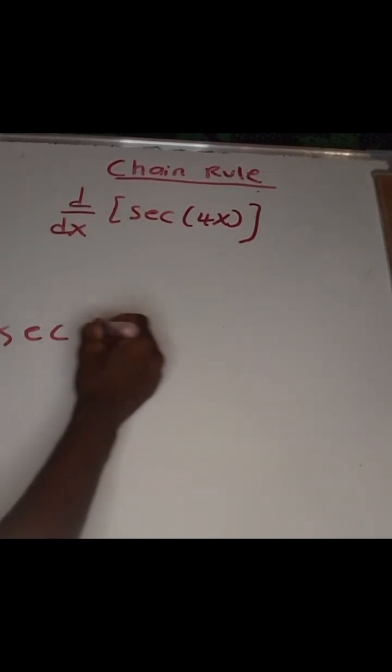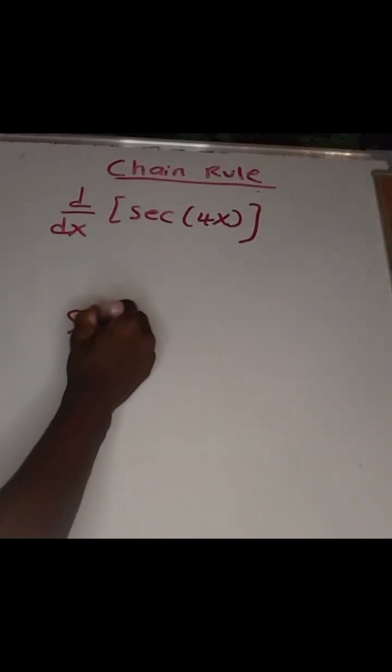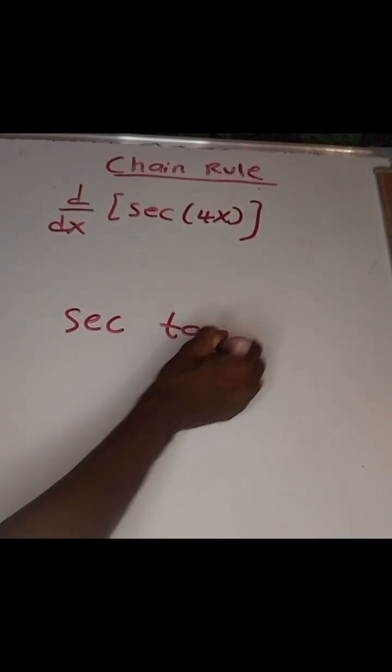If we say d over dx of secant 4x, how can we find the solution? If we differentiate secant, the derivative of secant is secant and tan.